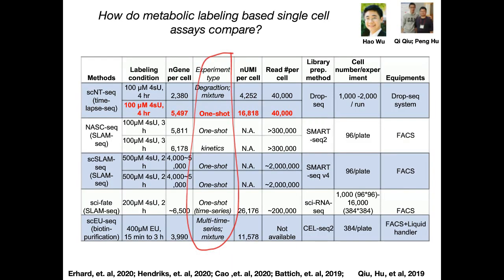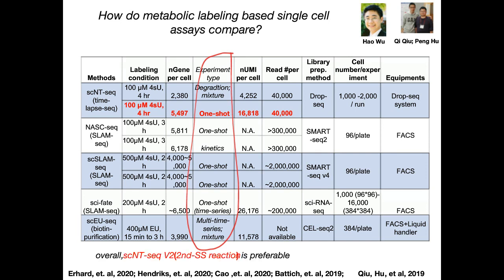I was very fortunate to meet two postdocs, Qiu and Peng, from Hao's lab at the University of Pennsylvania late last year. Since then, we started to collaborate. Qiu and Peng recently developed the scNT-seq method. This is the first Drop-seq-based approach for doing metabolic labeling, so they can produce thousands of cells quite easily.